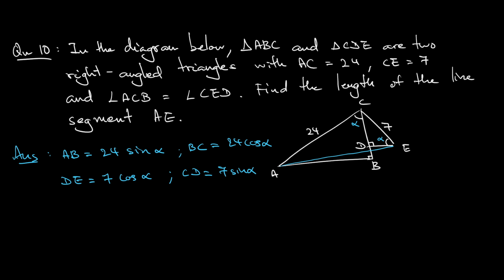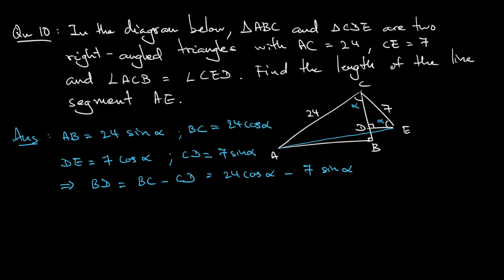Okay, so first thing first, probably I want to find BD. BD is equal to BC minus CD. Okay, so that would be 24 cosine alpha minus 7 sine alpha. Okay, there first. Alright, so maybe I extend this a bit. So this is also a right triangle, right? So if you use Pythagoras in that triangle AEF, maybe here F, alright? This is F, right?